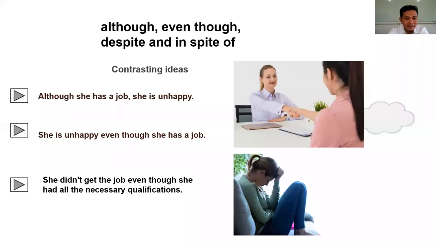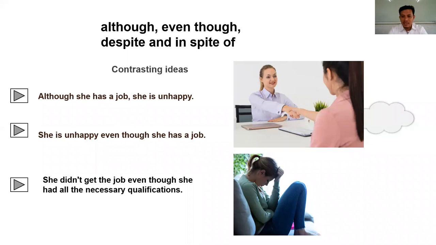Too bad, right? You find "even though" there in the sentence? Yes, sir. Where is it, in the beginning or in the middle? In the middle, sir. The middle. Right, in the middle of the sentence.